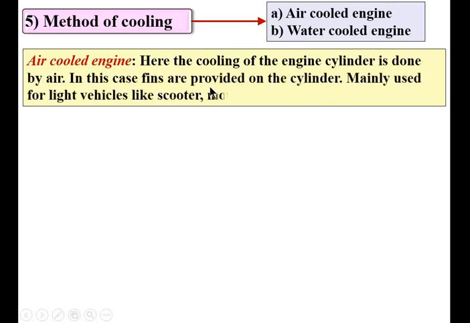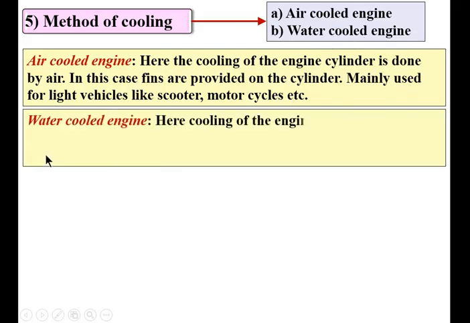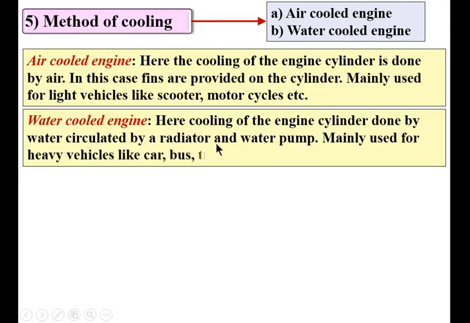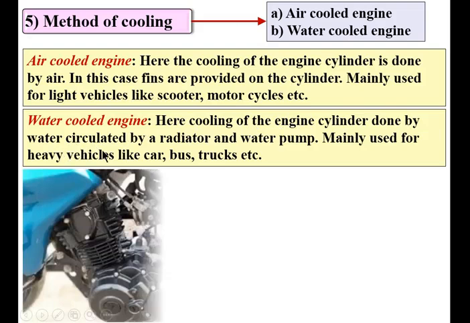In this case, fins are provided on the cylinder, mainly used for light vehicles like scooter, motorcycle, etc. In water-cooled engine, cooling of the engine cylinder is done by water circulated by a radiator and water pump, mainly used for heavy vehicles like car, bus, trucks, etc. So very simple, in air-cooled engine, cooling is done by air, whereas in water-cooled engine, cooling is done by water.